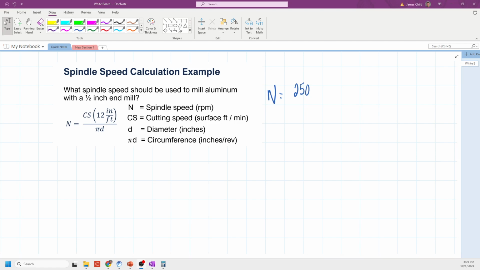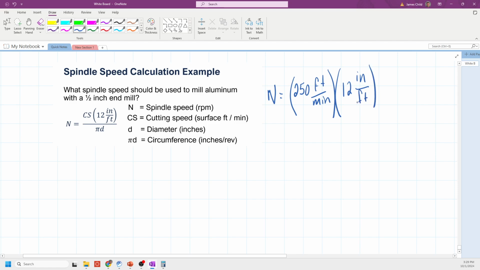And the units for this is feet per minute. That's our cutting speed, and we're going to multiply that by 12. We're converting this to inches. So the feet cancel, and we're left with inches per minute.